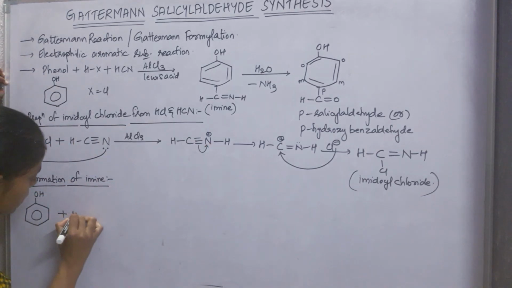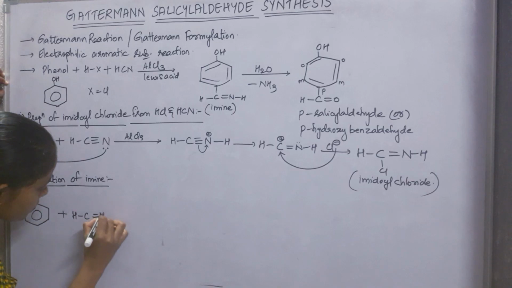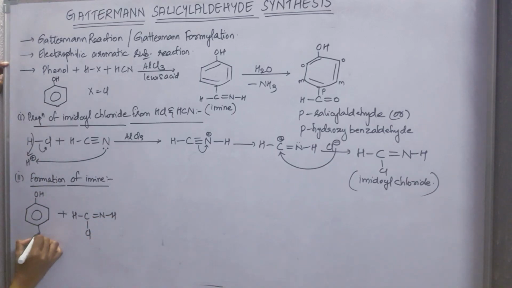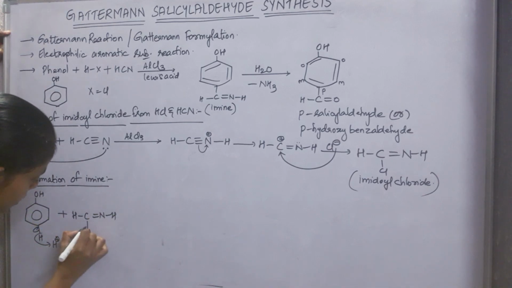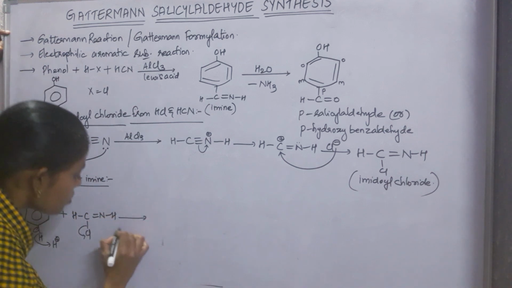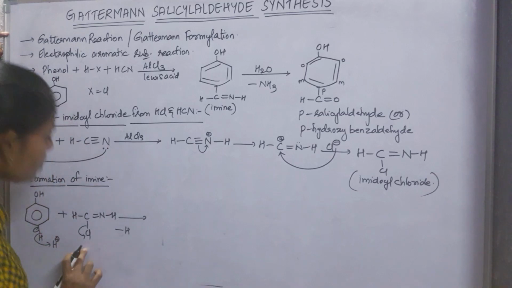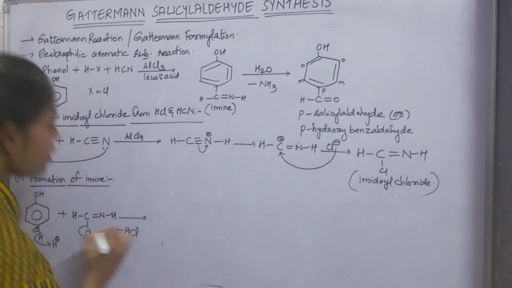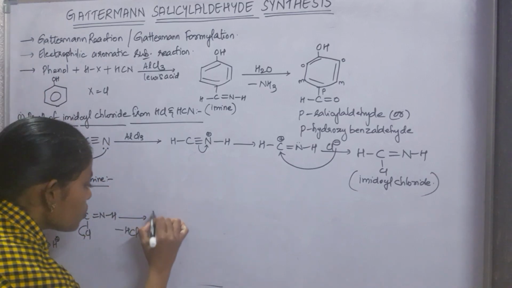When it reacts with imidoyl chloride, the hydrogen present over here will come out in the form of H plus. This bond is shifted over here and H plus is eliminated. And here Cl minus is eliminated. Then this carbon here will get a positive charge. So H plus and Cl minus are eliminated in the form of HCl, hydrochloric acid, and will give us two compounds.